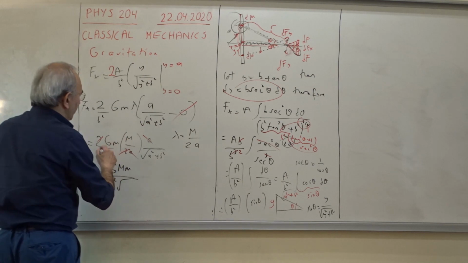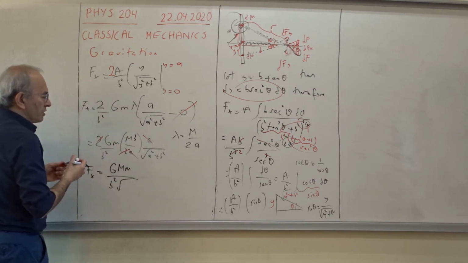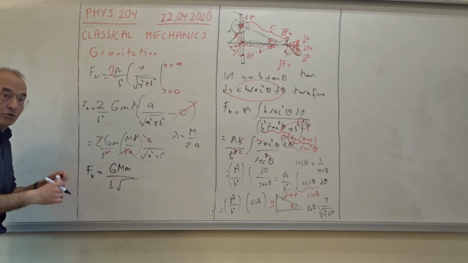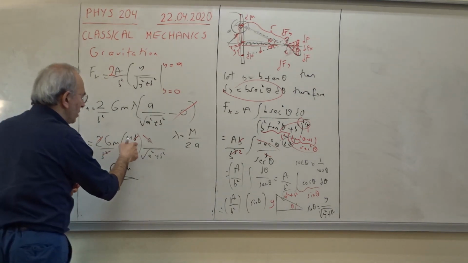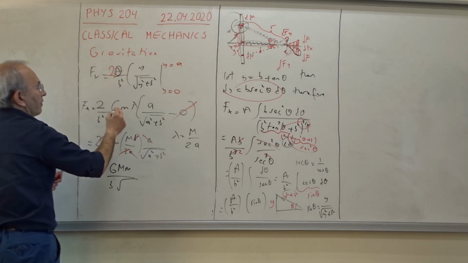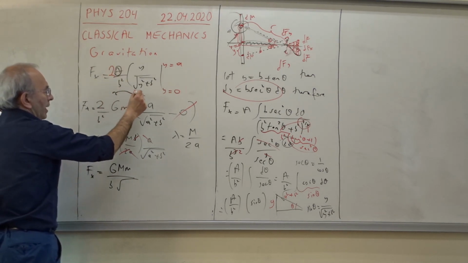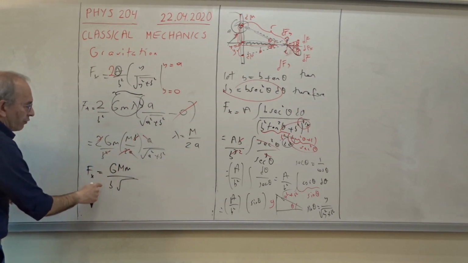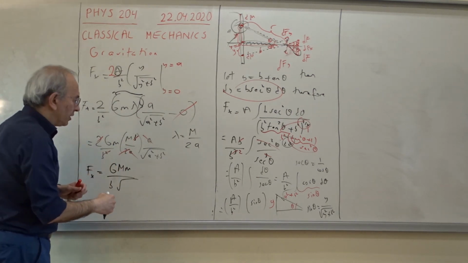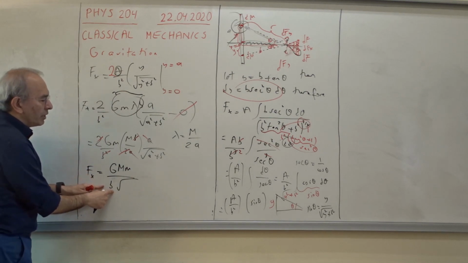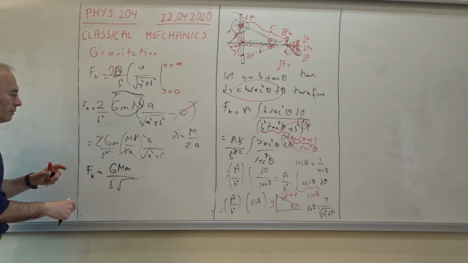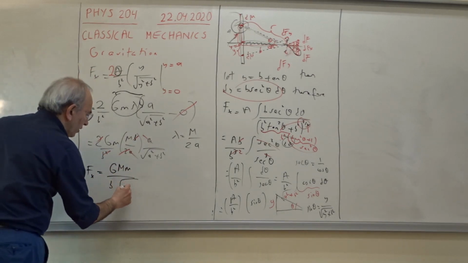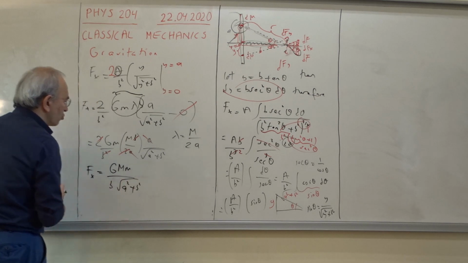There was a b also in this a, so one of the b's should cancel. So there's no square here, otherwise the units do not match. Otherwise in the denominator we would have not distance squared but distance cubed, which is meaningless.